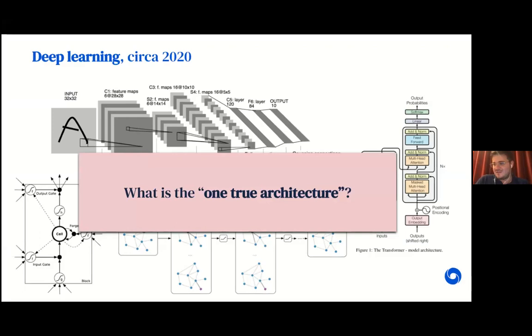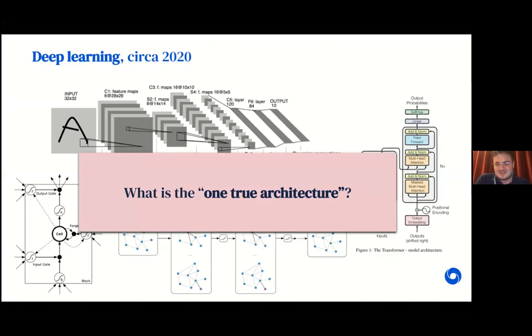Because you have all of these different fields and niches proposing their own unifying architectures, which claim to be the architecture that the people should be looking at. And often it's not very clear what is the one true architecture people should be looking at. And in many ways, I think the state of the art in deep learning in 2020 feels a lot like geometry must have felt in the 1800s.